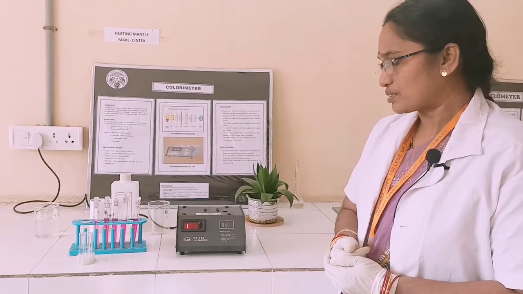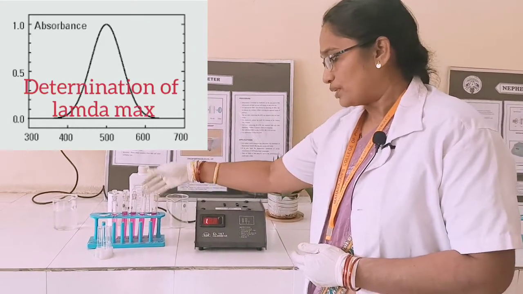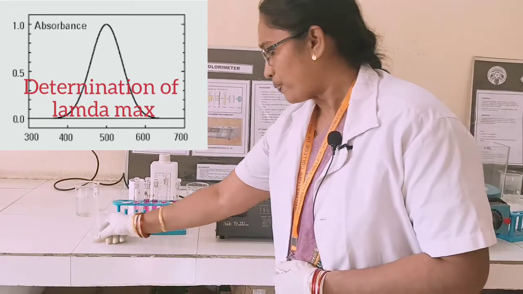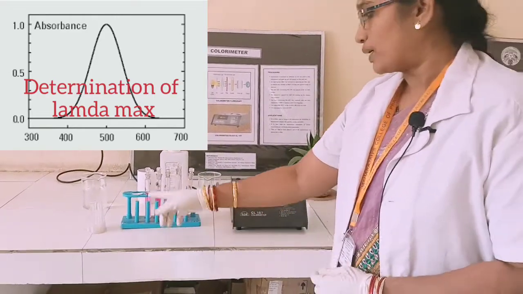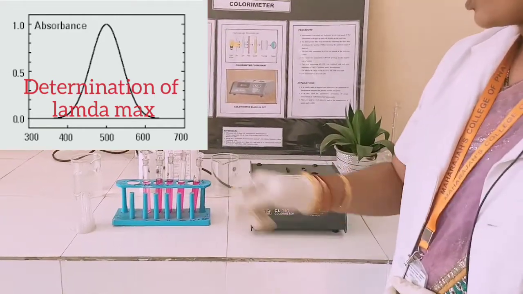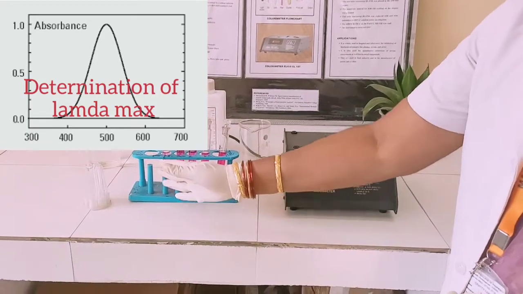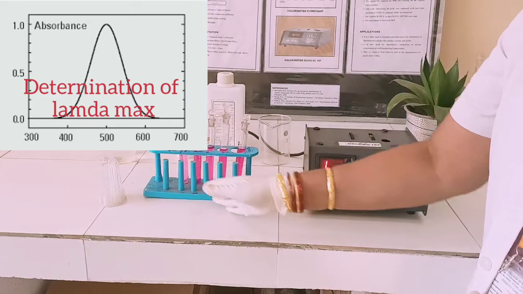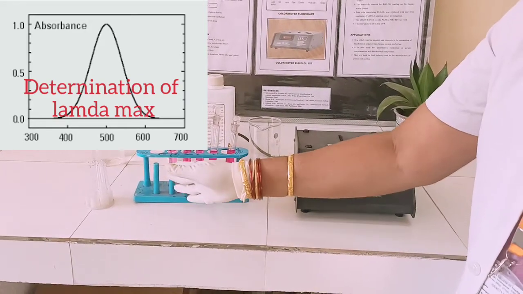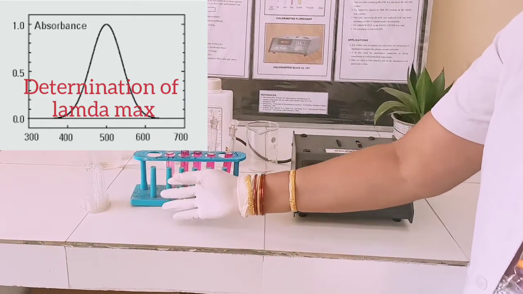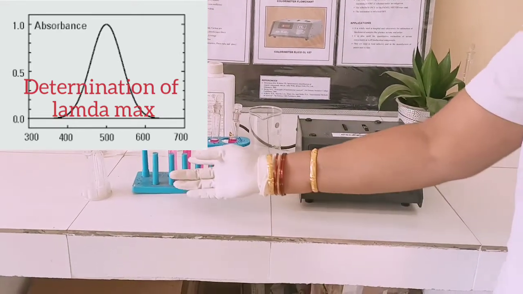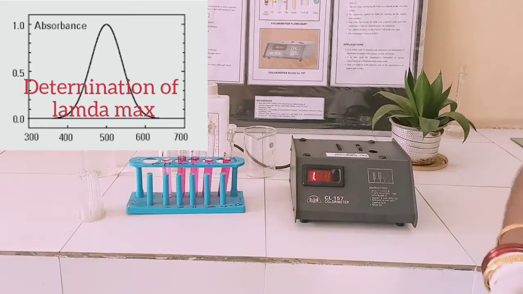We have prepared all the different concentrations of sulfonamide solutions. You can see here the solutions are from 1 microgram per ml to 5 microgram per ml. You can see the difference in the colors also. 1 microgram per ml has a pale, light color, and as we move from 1 to 5 microgram per ml, the color intensity has increased.